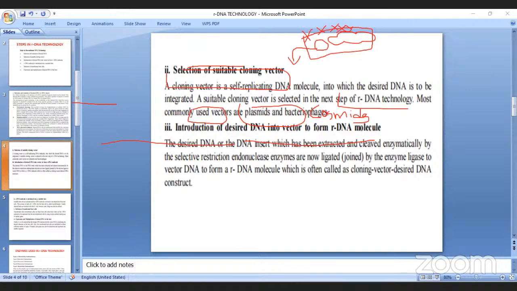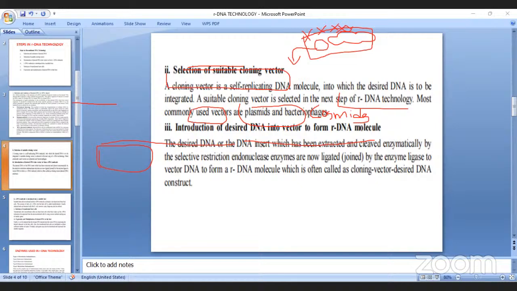Next, introduction of desired DNA into vector to form rDNA. In the first step, we get the desired DNA by the method of mechanical, shotgun or reverse transcriptase. So in any method, we get our desired DNA, and in the second step, we get the cloning vector in the form of plasmid.